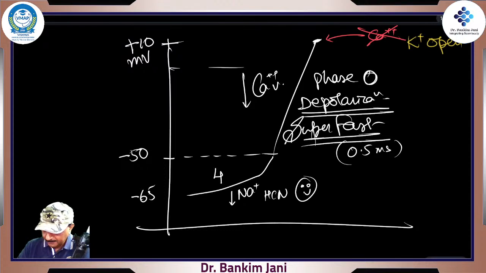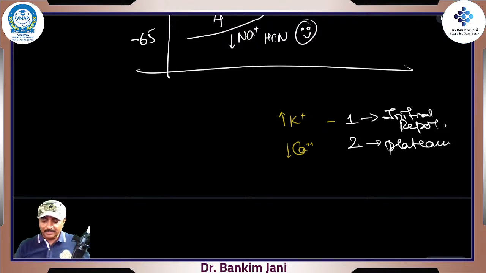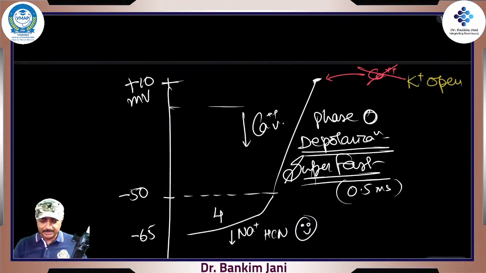Over here, the initial repolarization was occurring because of the potassium channels; potassium was leaving, so the cell is losing its positivity and coming down. At that point, in the plateau, calcium kicks in, so calcium starts entering the cell when potassium is leaving. That's why there was a plateau. Now the roles of calcium and potassium have completely changed. Calcium was working here, now the calcium has stopped.